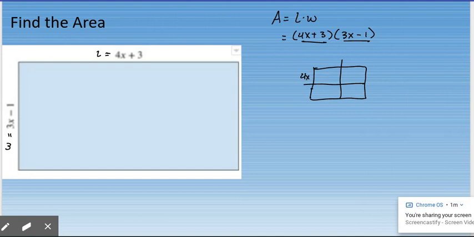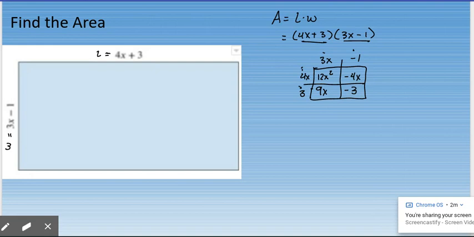I got 4x plus 3 on the side, 3x minus 1 on the top, and I do my multiplications. 4x times 3x is 12x squared. 4x times negative 1 is negative 4x. Now I'm down to the 3, so 3 times 3x is 9x, and 3 times negative 1 is negative 3.